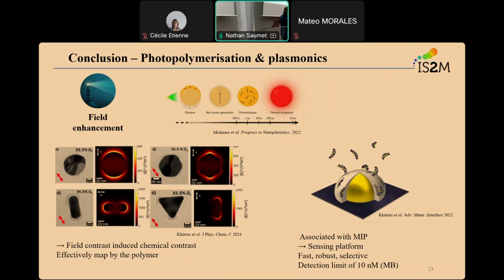And when we combine these with molecularly imprinted polymers, we can create sensing platforms that are fast, robust, and selective. Of course, here I present only results about methylene blue, but we tried other molecules such as biological molecules, and it can also work with PFAS. And we have a really good detection limit for the methylene blue.